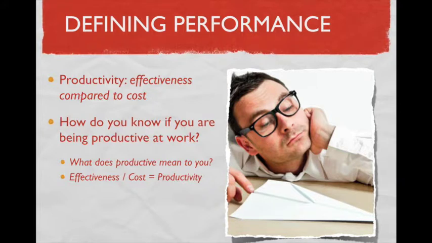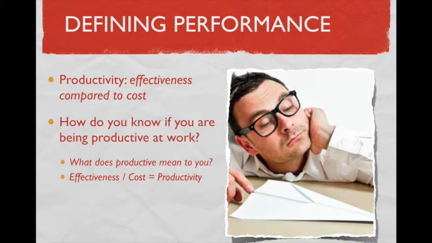If we move this idea forward, productivity is effectiveness compared to cost. So productivity, if we were to create kind of an equation here, effectiveness divided by cost equals productivity. How do you know if you're actually being productive at work? What does it mean to actually be productive? Think about this in terms of performance and effectiveness, right?